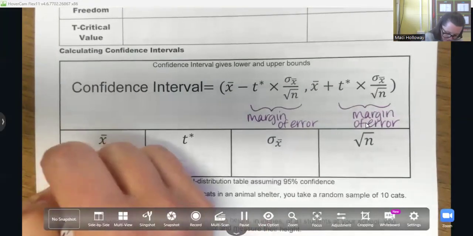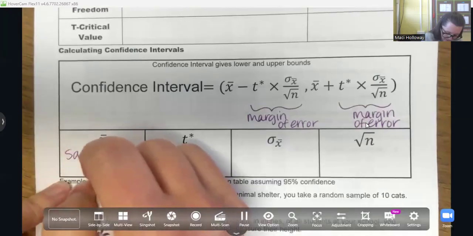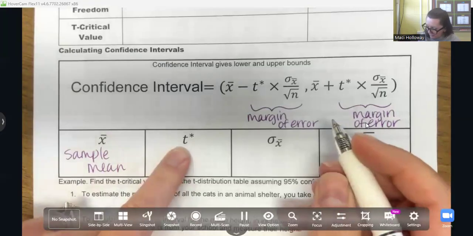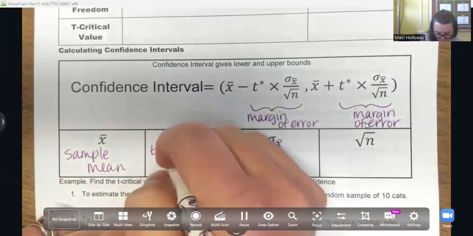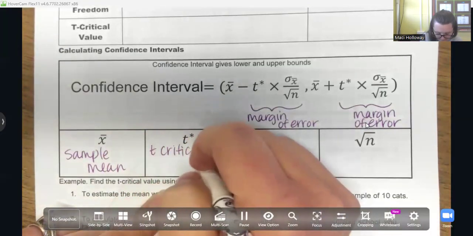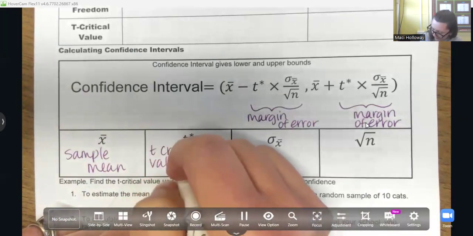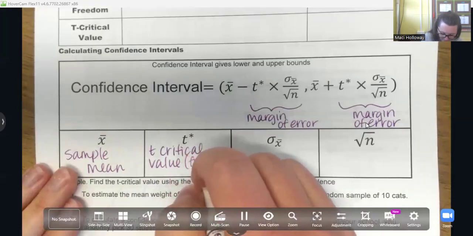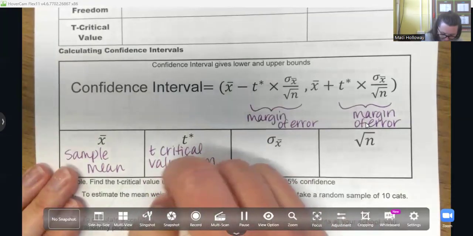X bar, this is just a review of what these symbols mean, is our sample mean. Our T critical value, that's what this is called, T critical value, and we get that from the table. So I'm going to give ourselves a note here: from table.